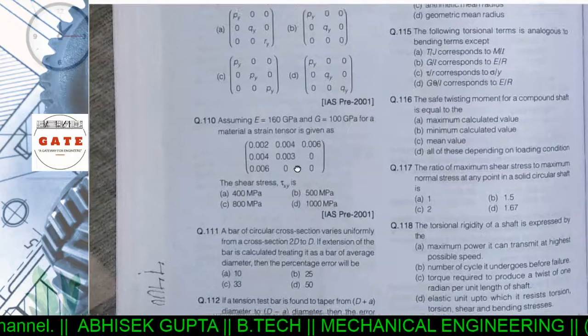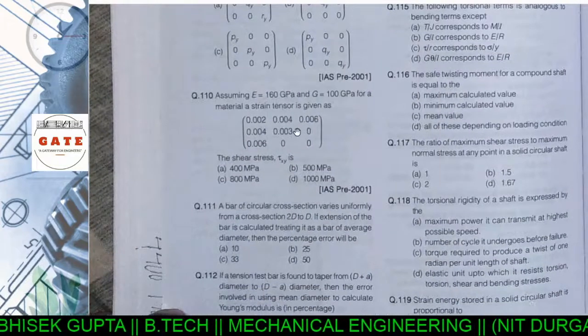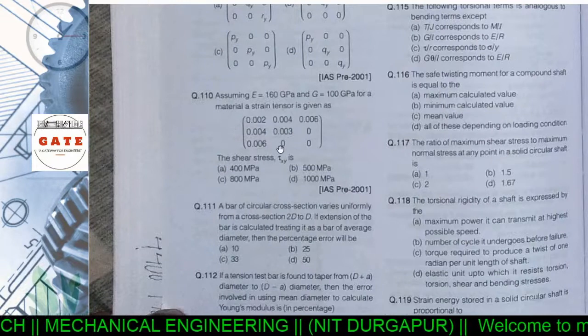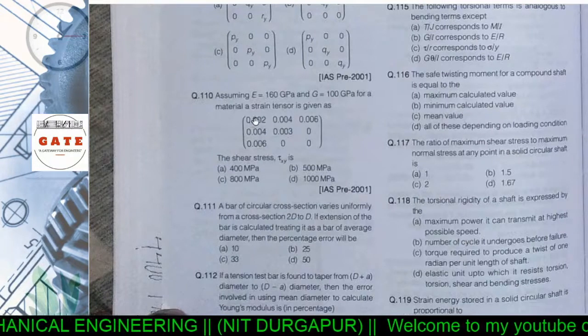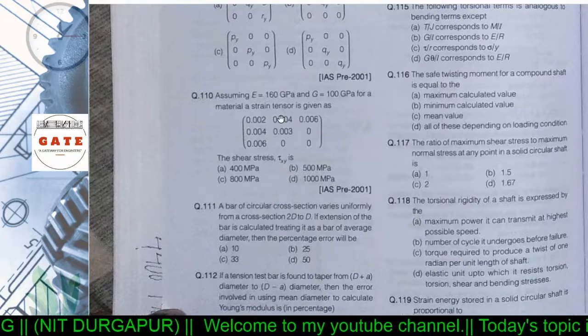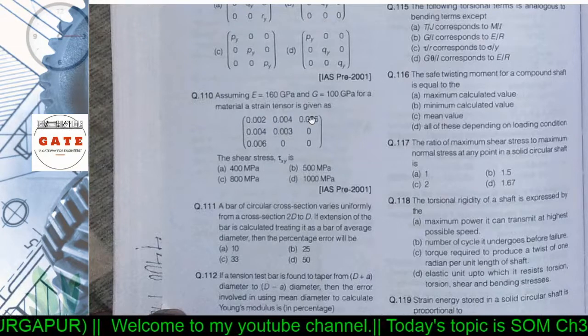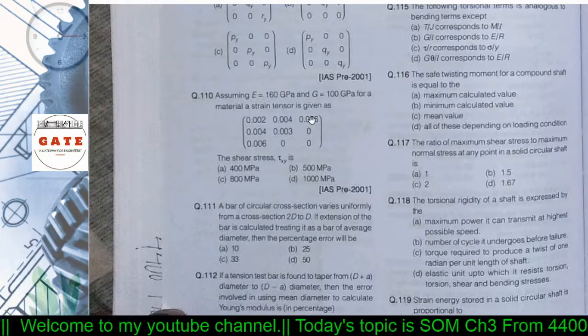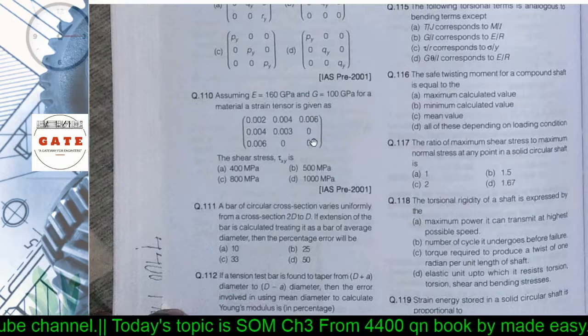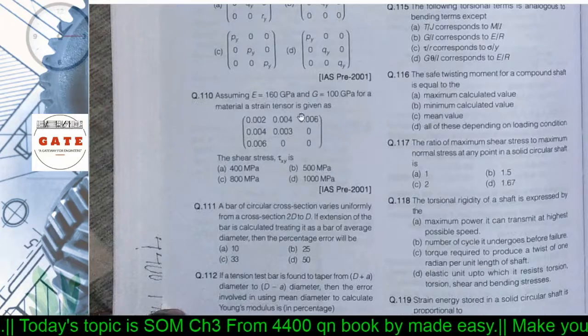So question number 110. This equation also we will talk about in that chapter, because here sigma epsilon x, this one, here we will get gamma xy upon 2, here gamma xz upon 2, this is epsilon y, this is epsilon z, and the rest follows.